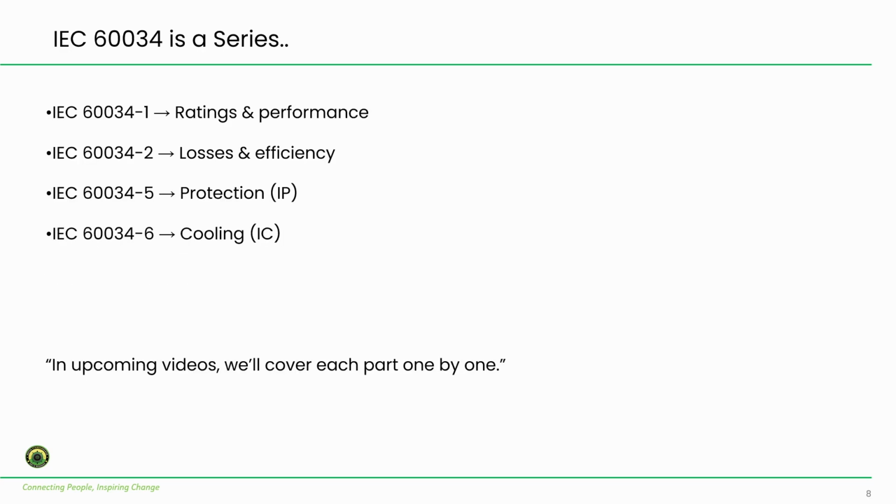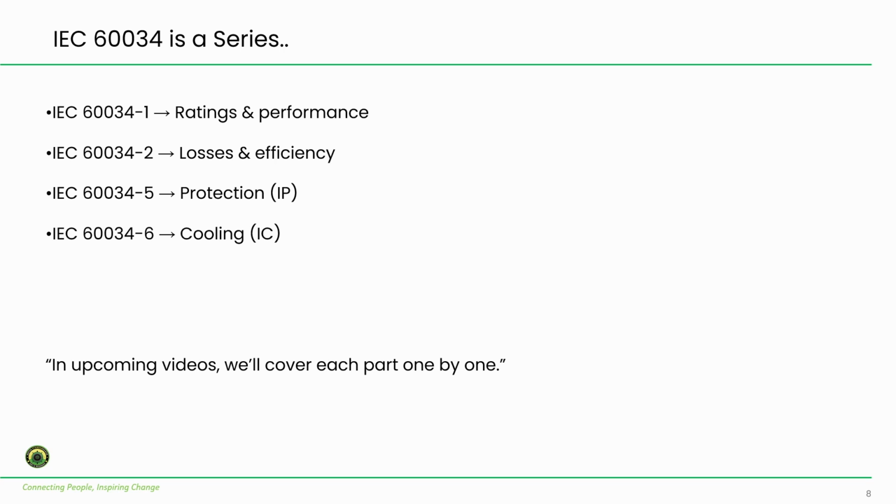IEC 60034 is a series of different parts. IEC 60034-1 explains rating and performance requirements. Then 60034-2 gives the losses and efficiency requirements.